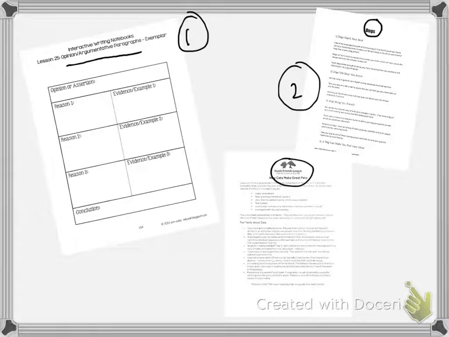And then you're going to have to decide which one would I prefer, a cat for a pet or a dog for a pet? You're going to have to make a decision, and you're going to have to convince your readers to agree with you. Okay, so we are going to read the two articles. You can do that right now. You can pause the video and go ahead and read your articles.